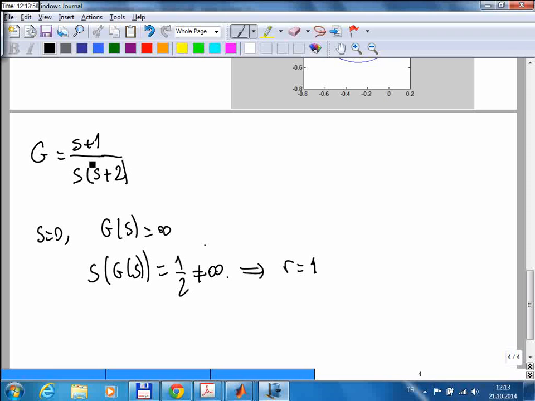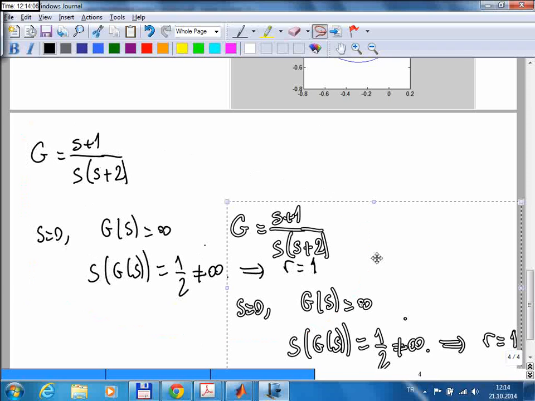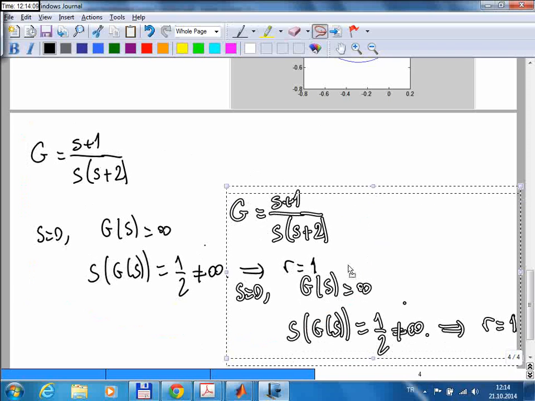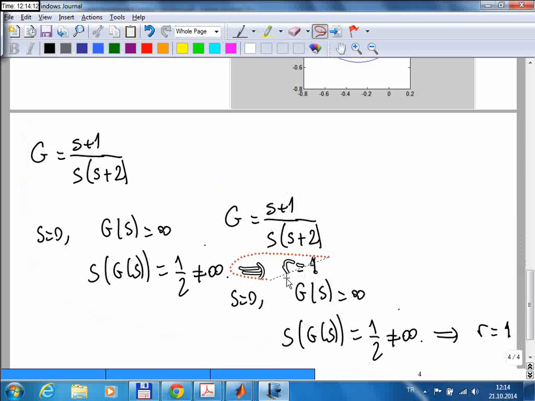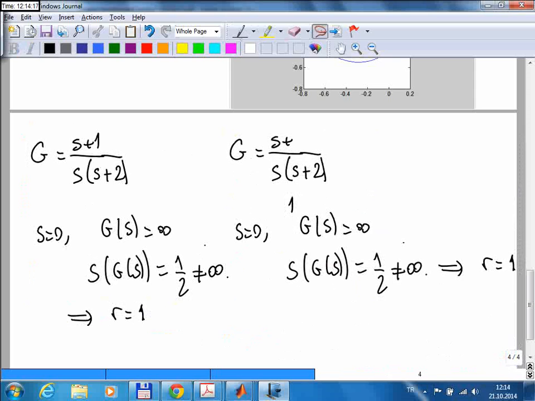But if that was something like s to the power 3, then the value of the function at 0 is infinity. The value of the function times s is still infinity, right?